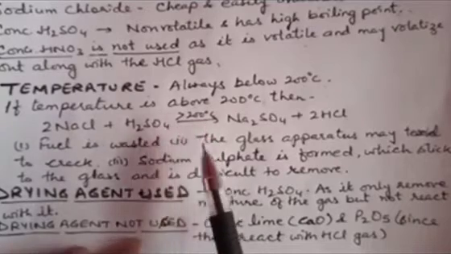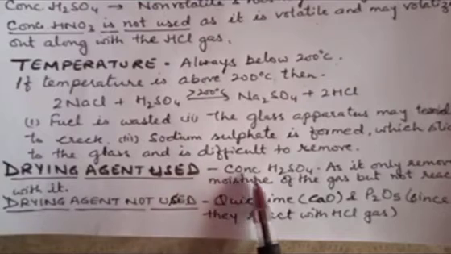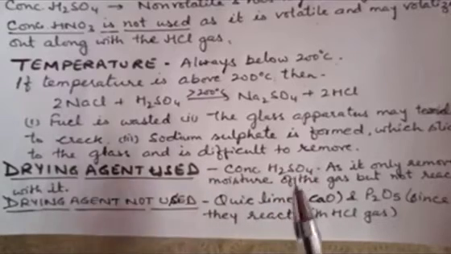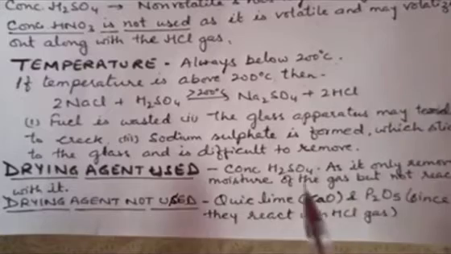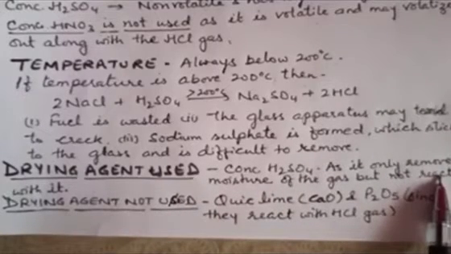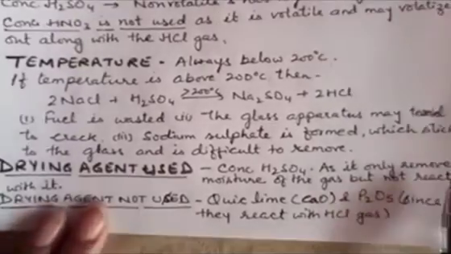Now next is the drying agent used. Which drying agent are we using? We use concentrated sulfuric acid. Why do we use concentrated sulfuric acid? Because it only removes the moisture from the gas but does not react with the hydrogen chloride gas. Why will it not react with hydrogen chloride gas?